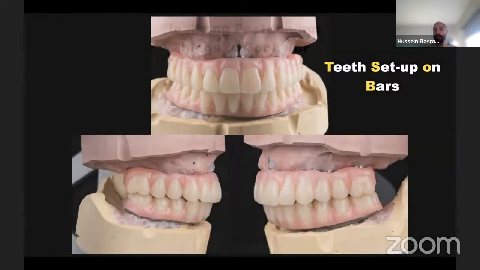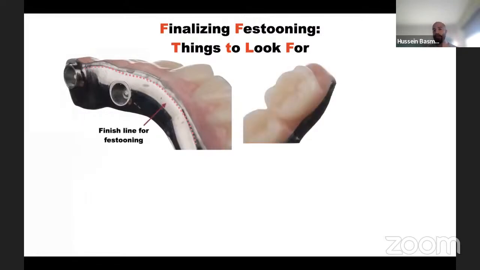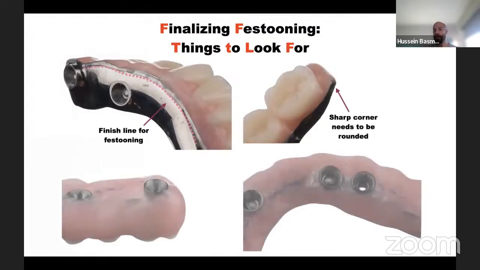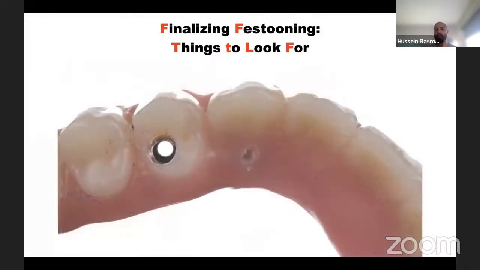We make sure that things are looking well, that the bar is hygienic, and that we don't have any concavities on the intaglio surface. Everything is well polished, with the finish line for festooning if we need it. We don't have any sharp corners, and we don't have any concavities on the intaglio surface.